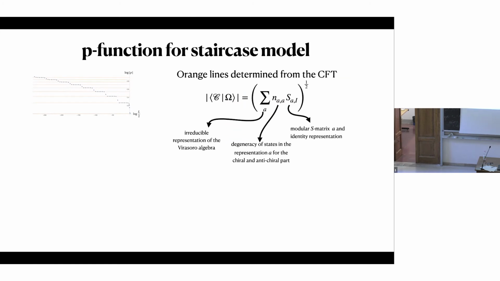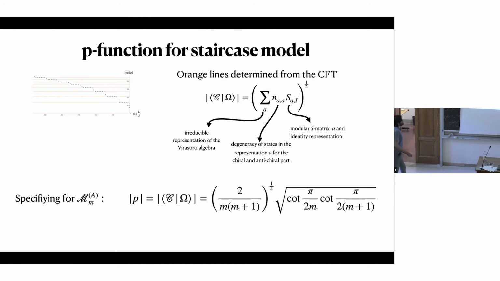It's just to play the same game as looking at the CFT in the Klein bottle partition function and look at different channels. So at the fixed points, we can compute these lines, and we see that, as expected, the P function goes past these lines for the minimal models. These plateau values are given by these expressions.